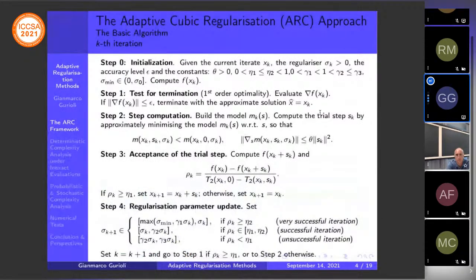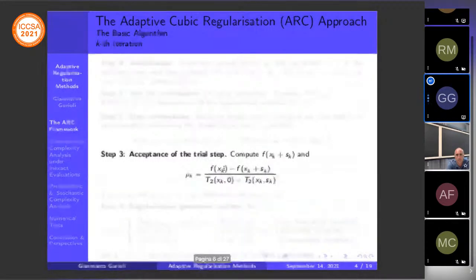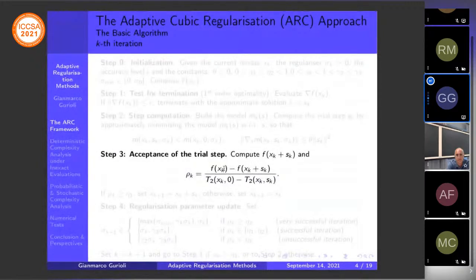We just highlight that the decrease ratio rho k at step 3 corresponds to the ratio between the true decrease of the objective function and the predicted one obtained by the Taylor series truncated to the second order, and decides about the acceptance of the trial point with the following rule.